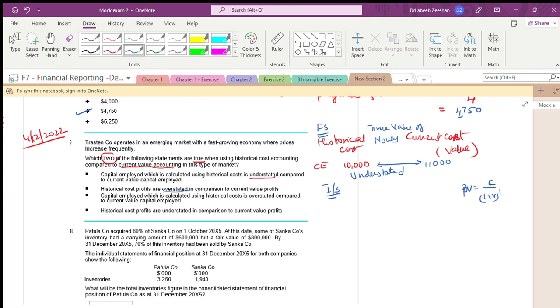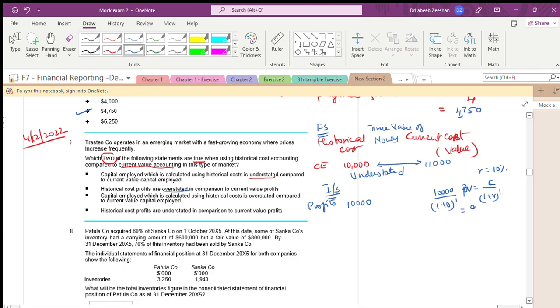Now, in historical cost we will not do anything. 10,000 will be 10,000 only. Whereas in the current value, present value, assume 10,000 divided by 1.10 to the power of 1, assuming R equal to 10%.